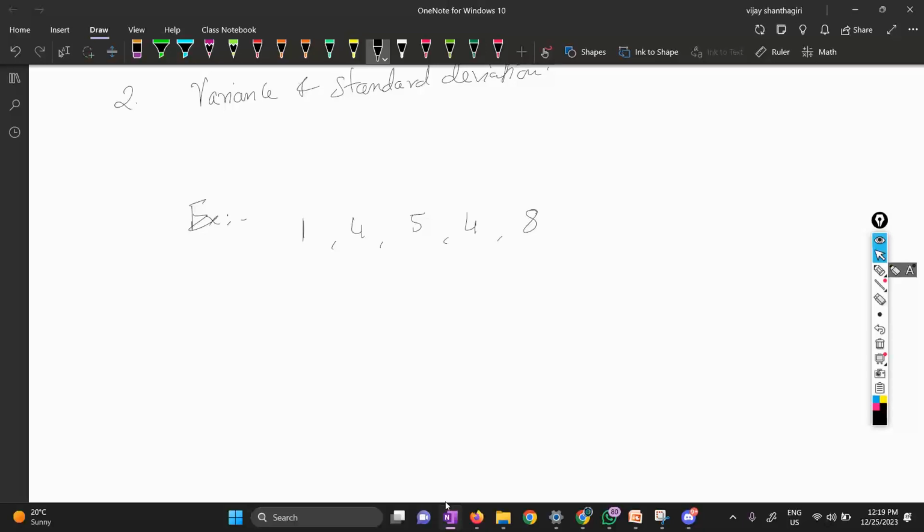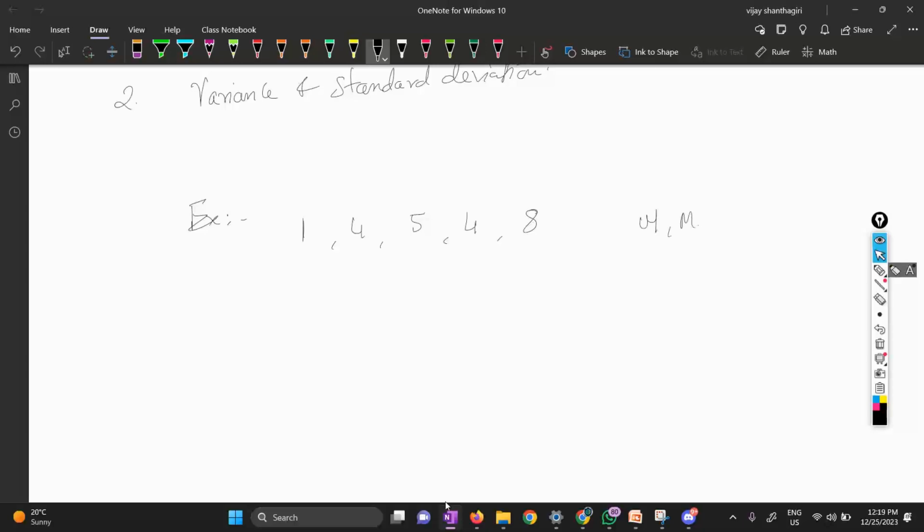We don't care, this 8 could be the number of dogs in a neighborhood. One person has 1 dog, 4 dogs, 5 dogs, 4 dogs, 8 dogs. Doesn't matter. Or number of cats, or number of cars, or whatever you want to associate with these numbers. You can find the mean of this.